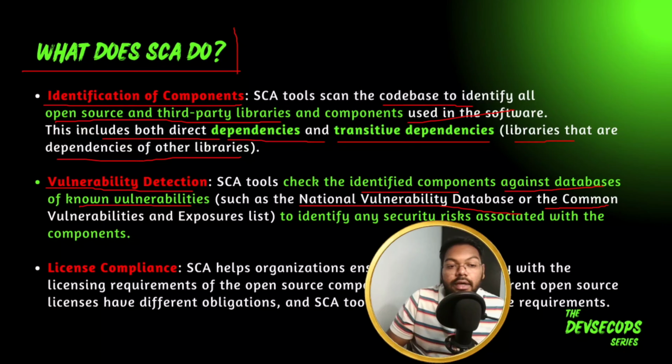Then the Common Vulnerabilities and Exposures lists, CVEs, you can see it over here. It checks these databases against the list it has created, and then it identifies any security risk associated with the component.